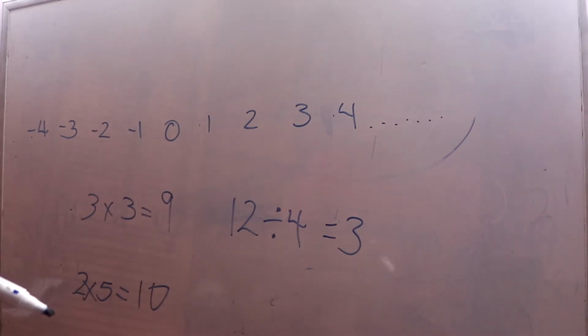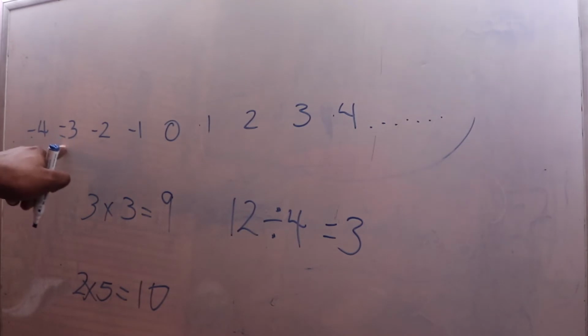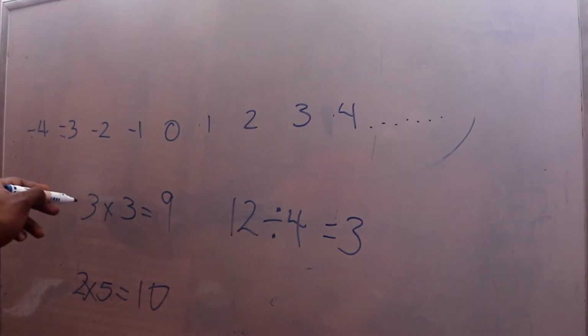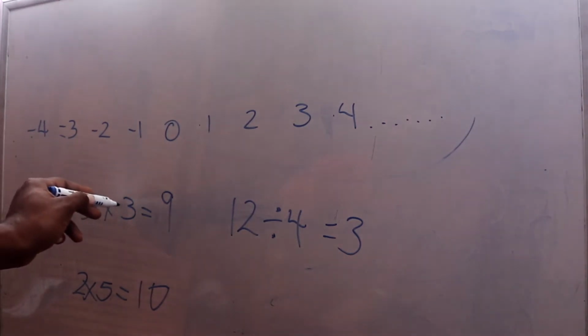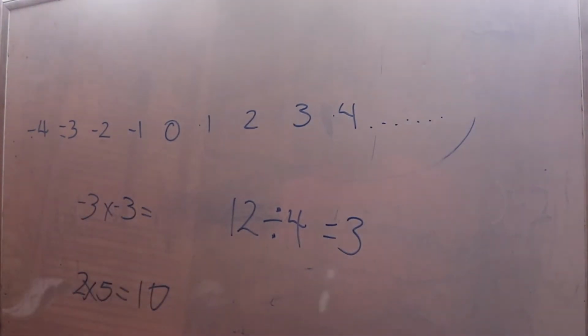Here's the issue. What if we're using -3? What if we said -3 multiplied by -3? What is the answer?